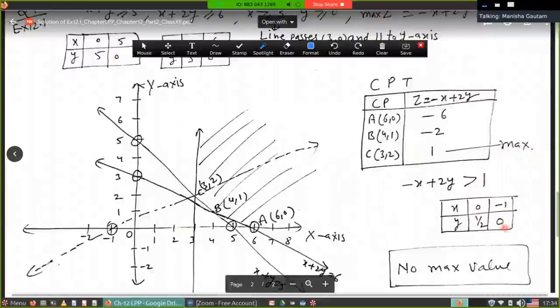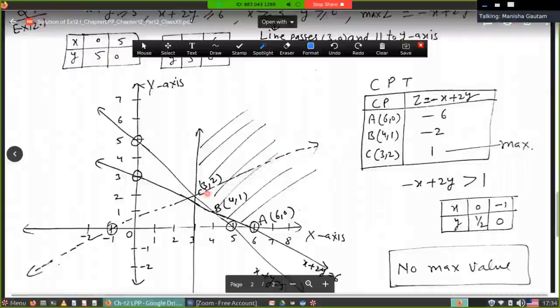Make the table. Plot the graph. Now this is the graph. This dotted line is the line of the inequality minus x plus 2y greater than 1. Now you can see here, the line is entering the feasible region, this shaded region. Now a lot of points are lying in this region.